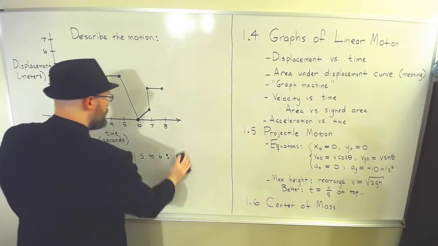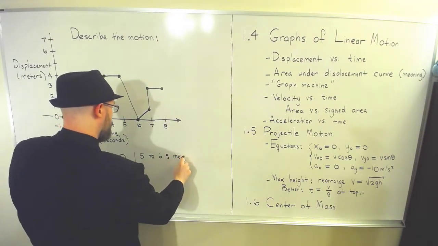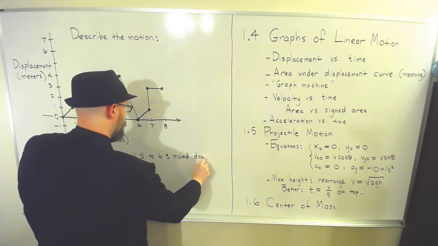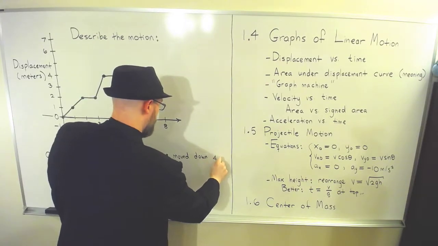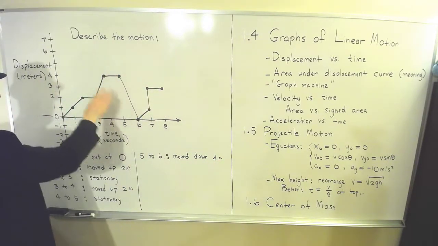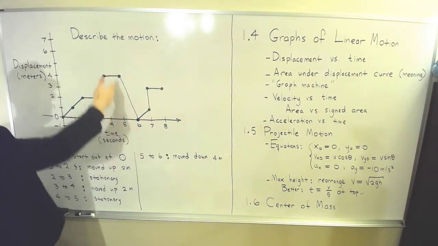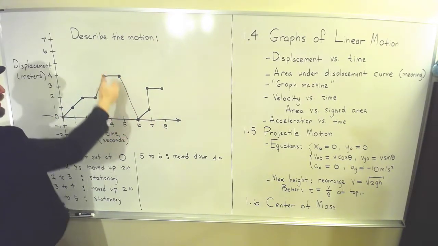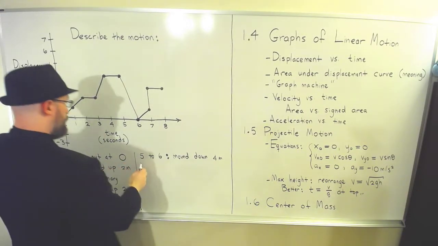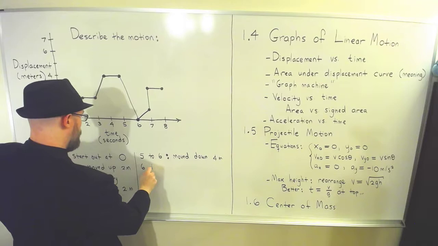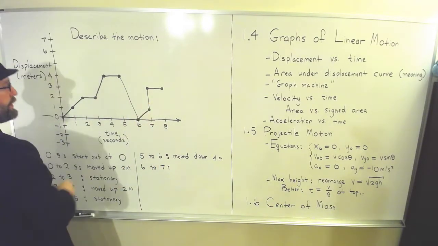Here you moved down 4 meters. Now notice how steep this line is compared to that one and that one. You're moving much faster here because over 1 second you're moving a total of 4 meters. And then 6 to 7, well, you move up 1 meter.